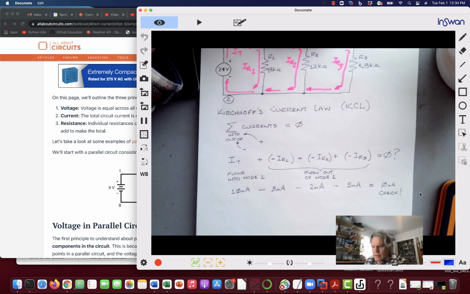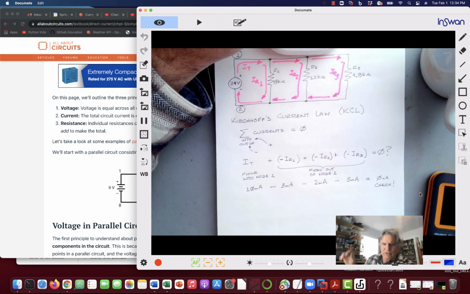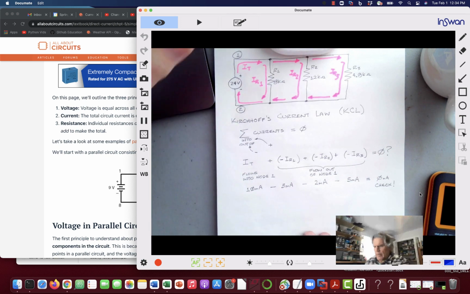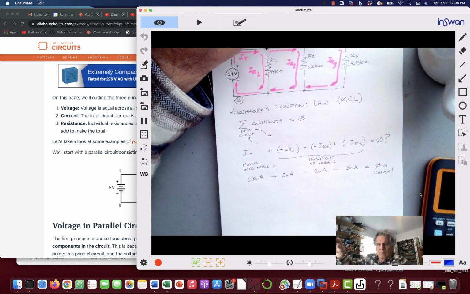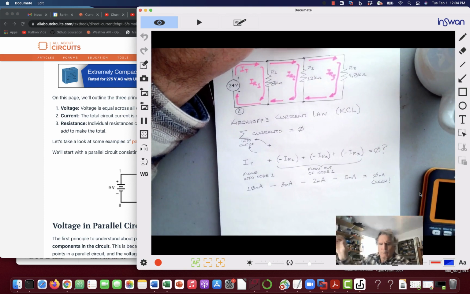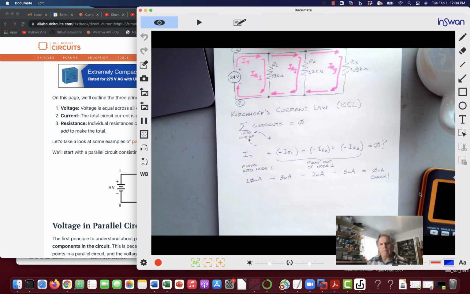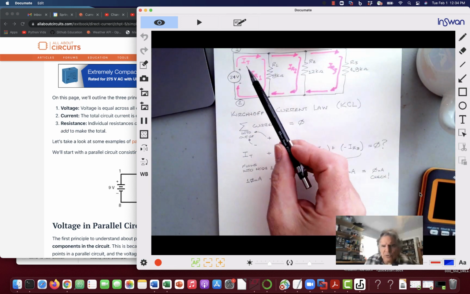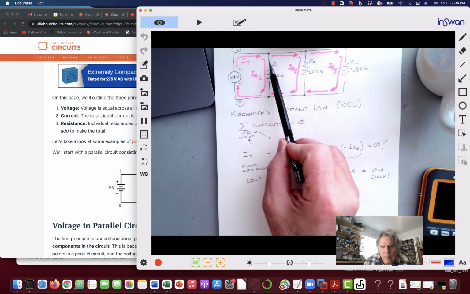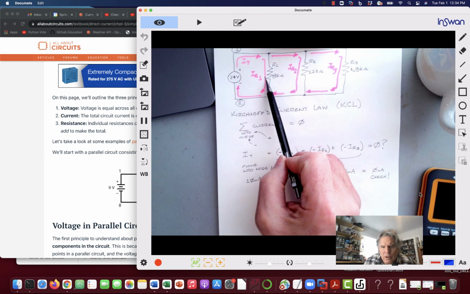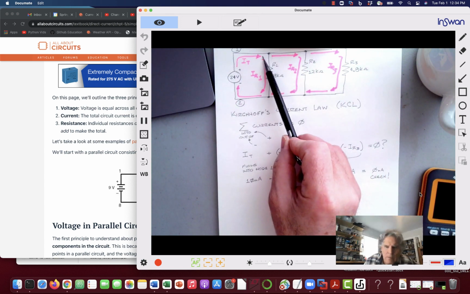One of the other things we can talk about, I do this so you can see both these things at the same time. So if you look at this part of the node right here, you see IT flows in and IR1 flows out this way, and IR2 and IR3 flow out that way.